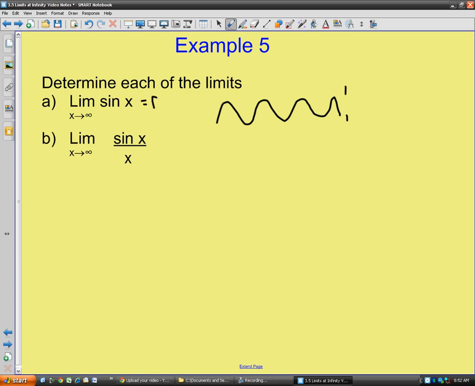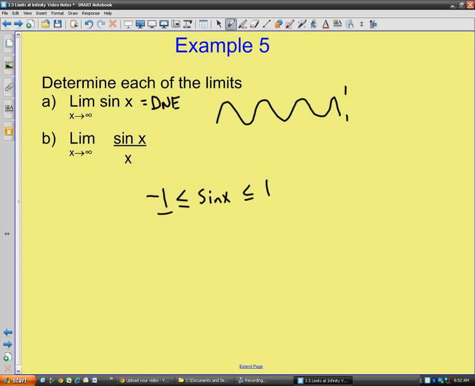But then how does it affect this guy when we divide sine of x by x? Well, we were going between negative 1 and positive 1 for sine of x, and since we were doing sine of x over x, we're dividing everybody by x.